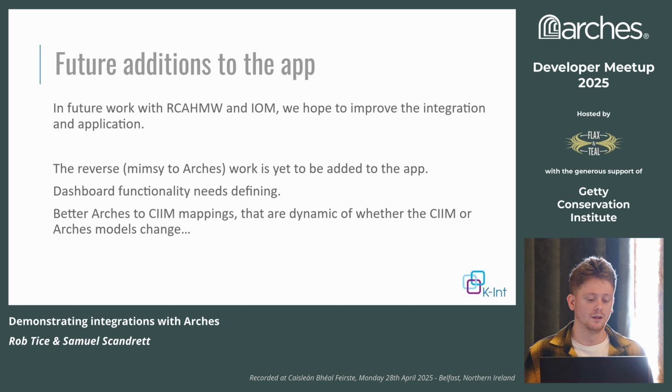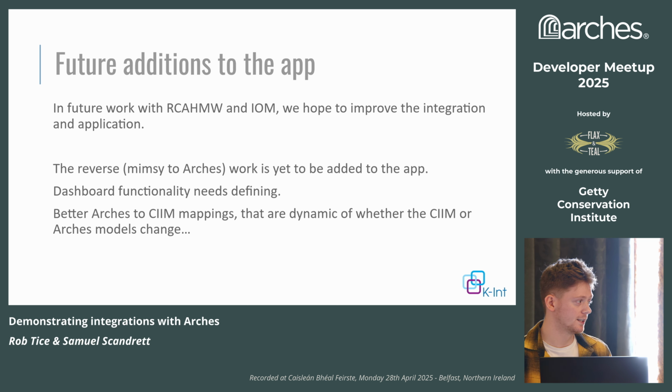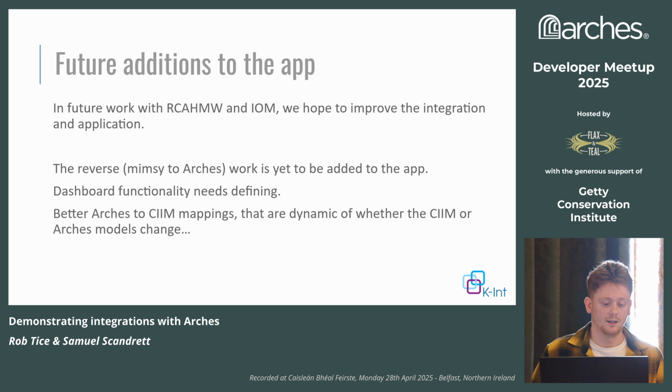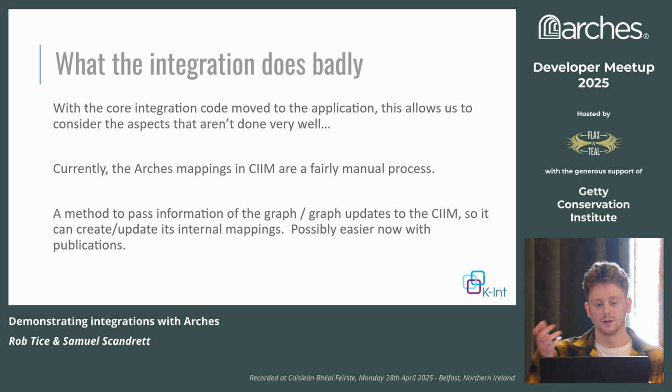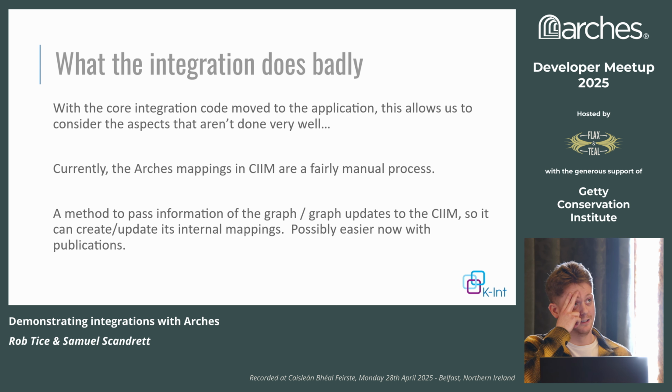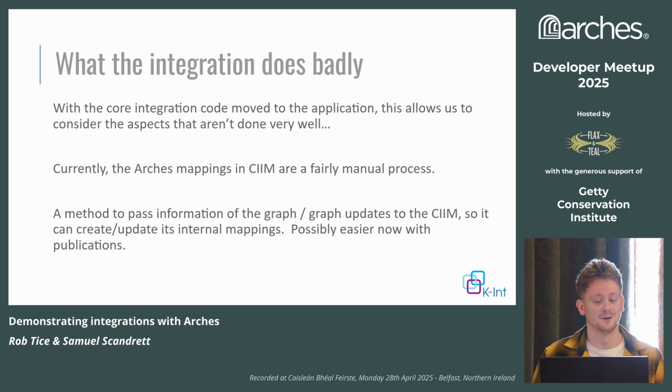But one of the things we'd quite like to get improved is this bottom point about the Arches to sim mappings. Currently, you have to manually add your node IDs to the sim mappings, which you can imagine is not very fun. And we've had it where either mass data needs to be deleted, exported and re-imported, which isn't great if there's no persistent identifier.